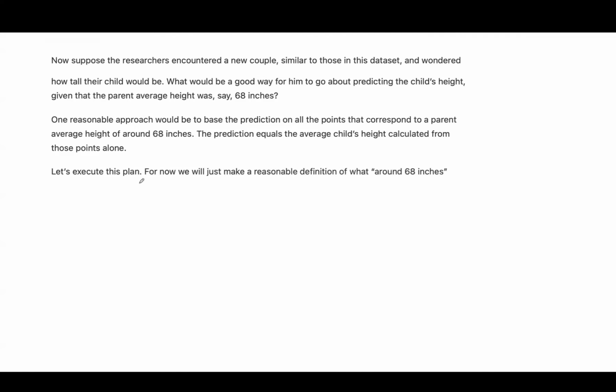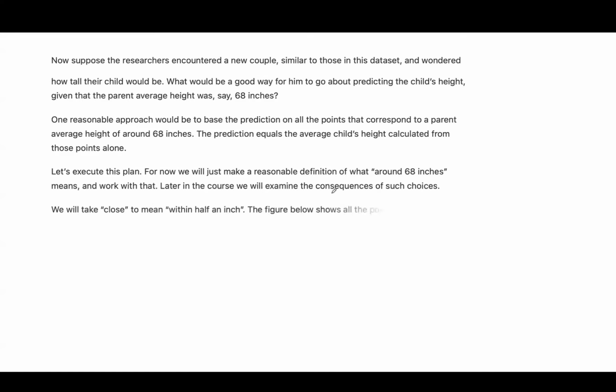Let us execute this plan. For now, we just make a reasonable definition of what around 68, close to 68, in the neighborhood of 68 means, and work with that. Later in the course, we'll examine the consequences of such choices. Okay, we're going to take close to mean within half an inch. So for now, just take this as the close-by points or neighboring points in the same neighborhood.